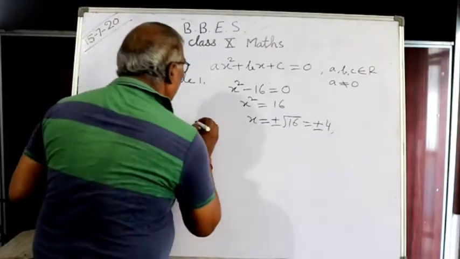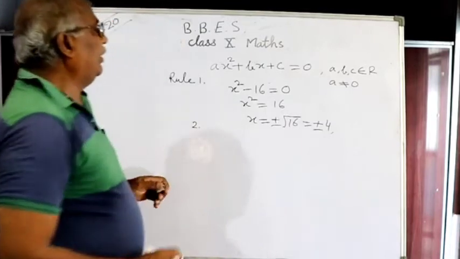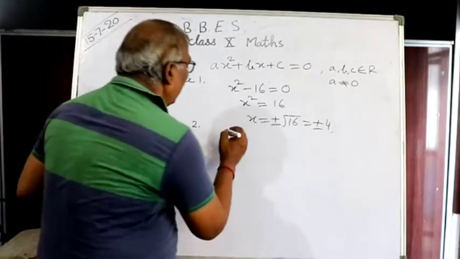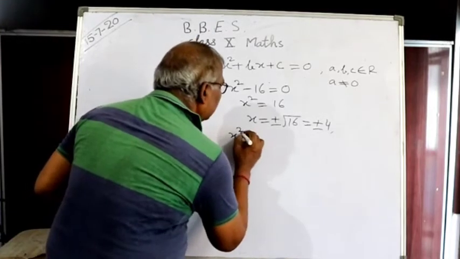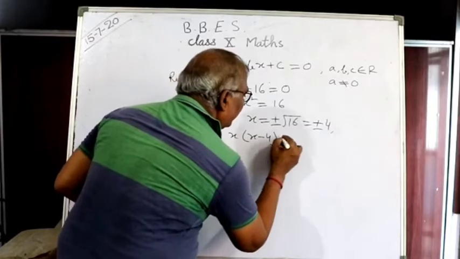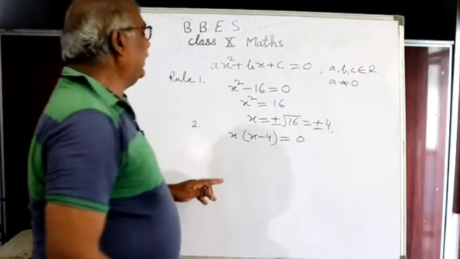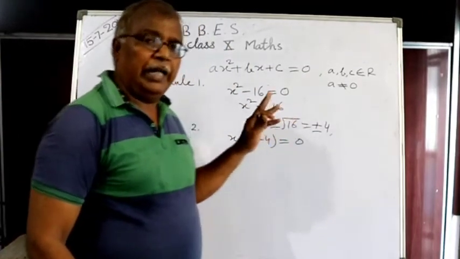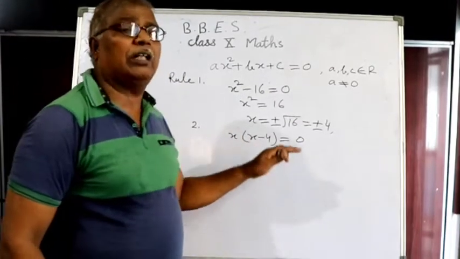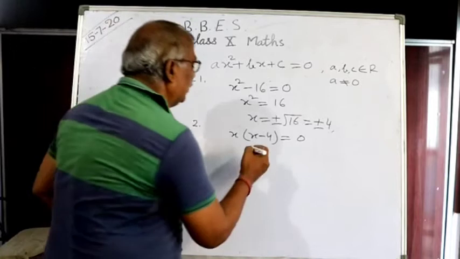Now, rule 2. If the product of two factors is equal to 0, then one or the other is equal to 0. Then the first or the other factor is equal to 0.